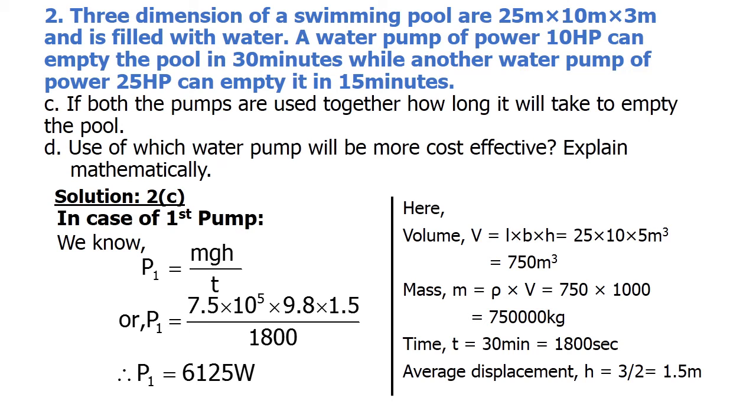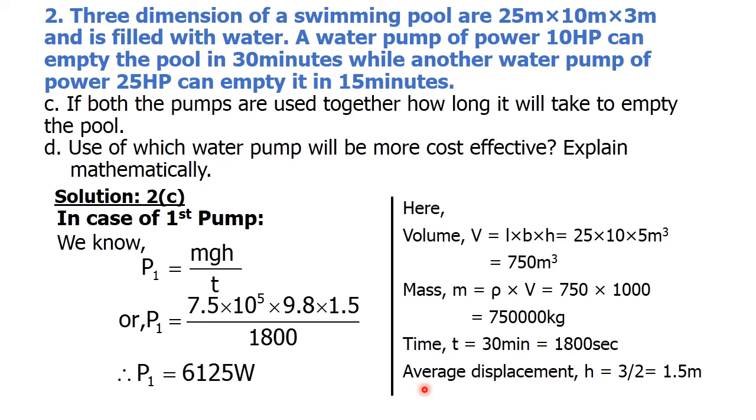So putting the value of density and volume, we'll get the mass, m equal to 750,000 kg, and the first pump takes 30 minutes to empty the swimming pool. So the time taken here is 30 minutes. We know 30 minutes equals 1800 seconds.